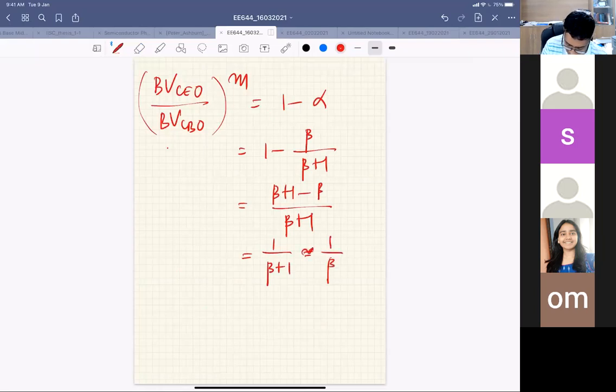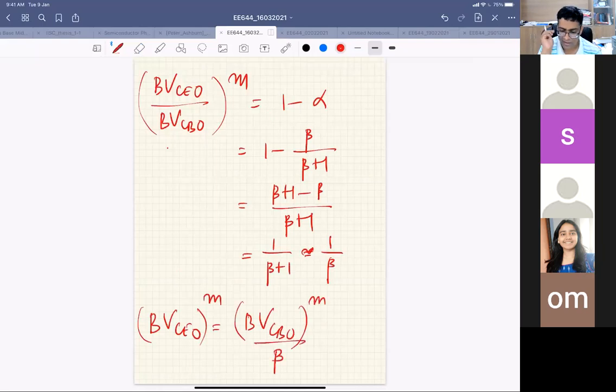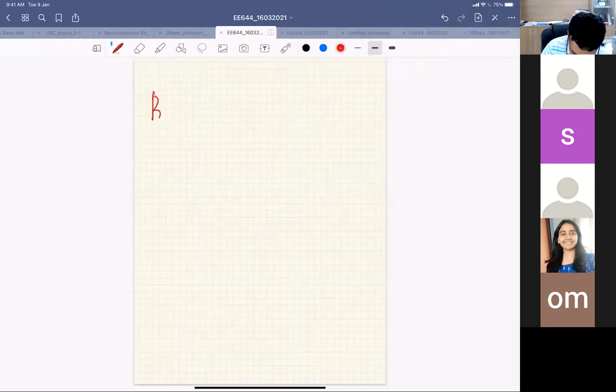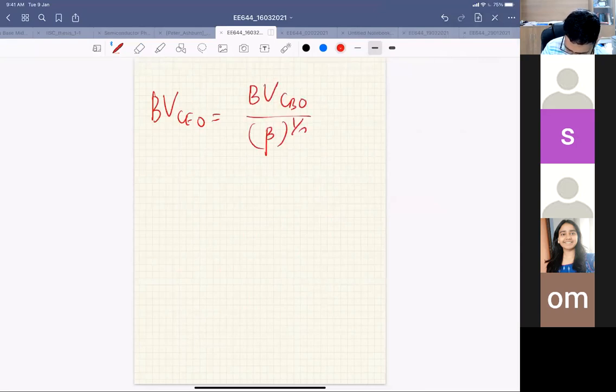So here you could see your BVCEO to the power m is BVCBO to the power m divided by beta, right? And your breakdown voltage BVCEO is nothing but BVCBO by beta to the power 1 by m, right?